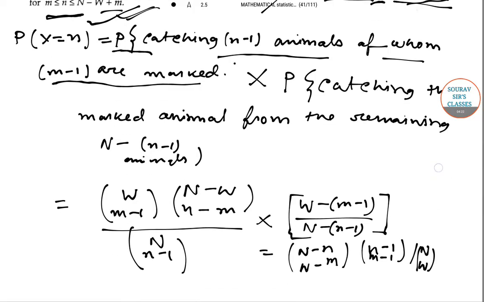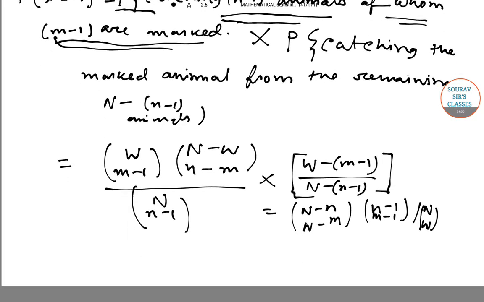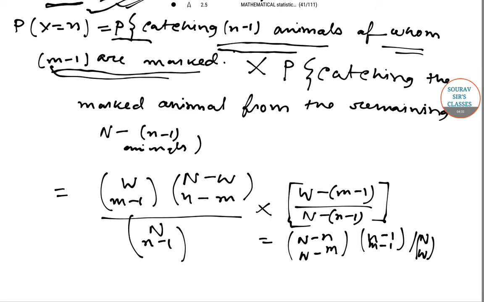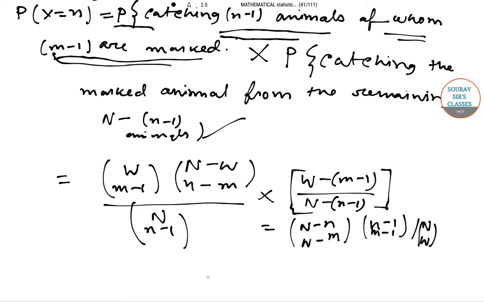For this we have written the probability of catching n minus 1 animals of whom m minus 1 are marked, multiplied with the probability of catching the marked animal from the remaining N minus m minus 1 animals. So from there we can write it this way. So we have found the value to be equal to this.